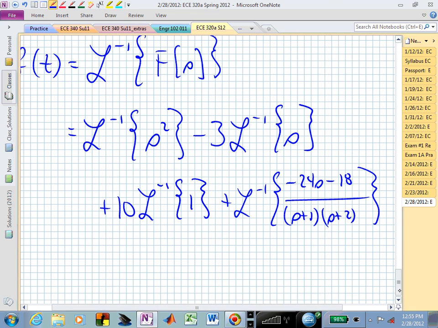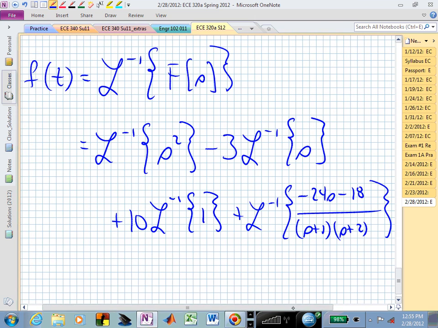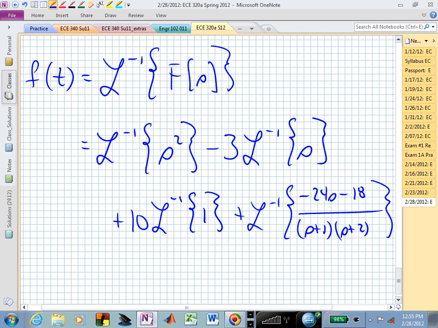And that's what we want to find to obtain our time domain expression, or our time domain signal, f of t.